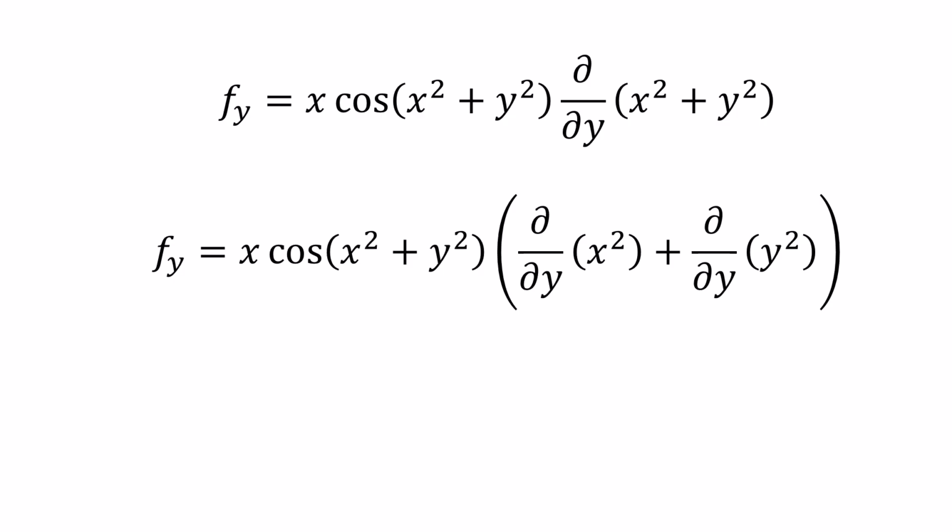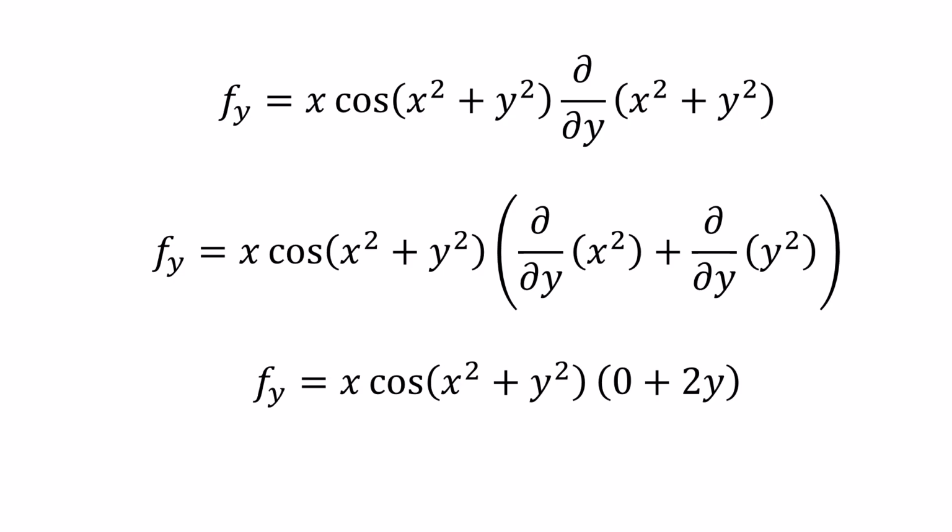Differentiating, we obtain f sub y equals x cosine of x squared plus y squared times 0 plus 2y.